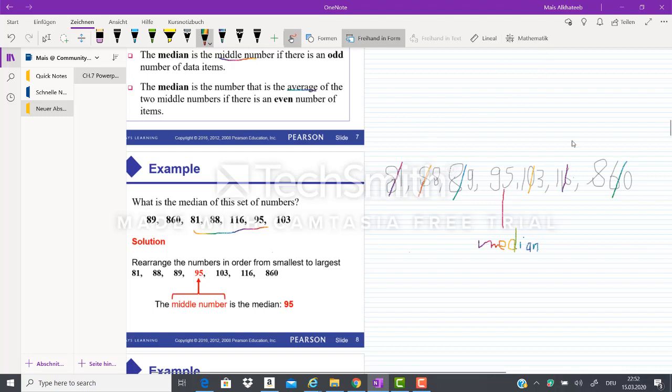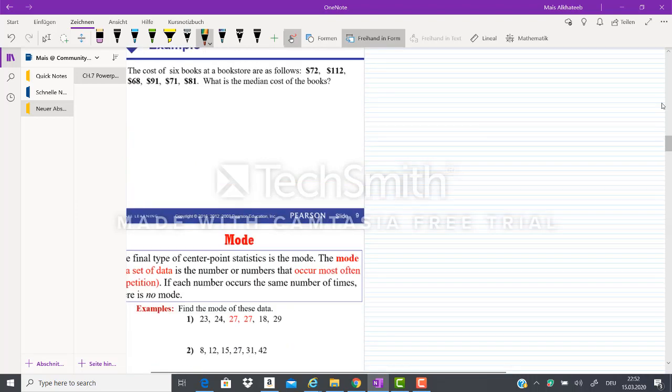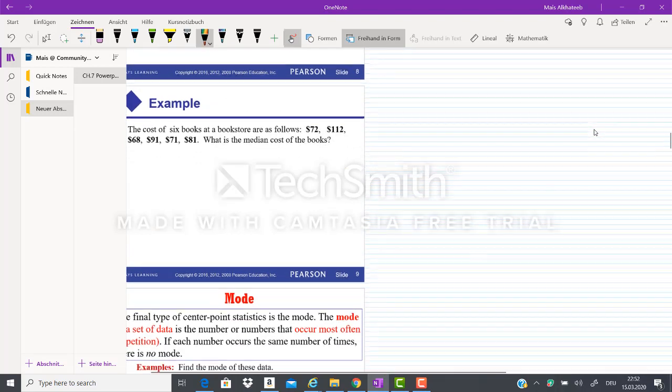Now I go to the next step. If I have an even number of samples, for example, I have this sample: 71, 72, 112, 68, 91, 71, 81, and you have to find the median.